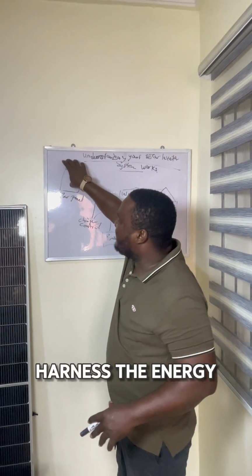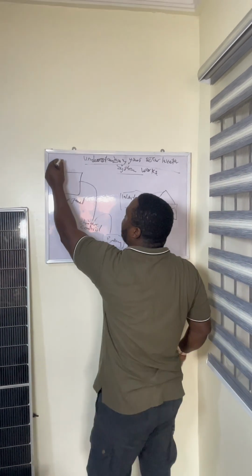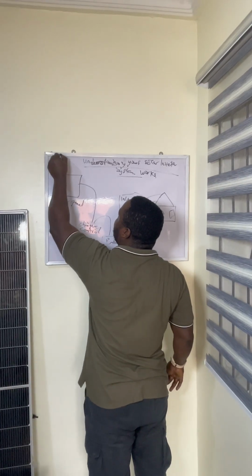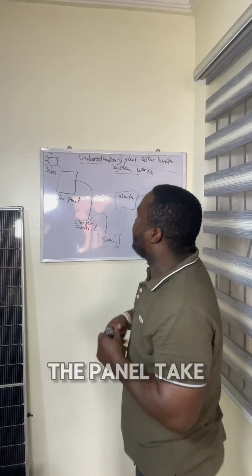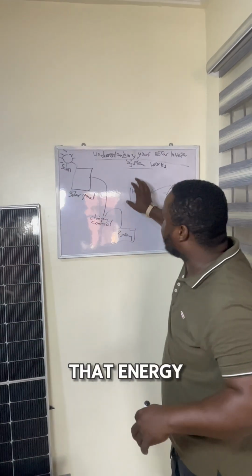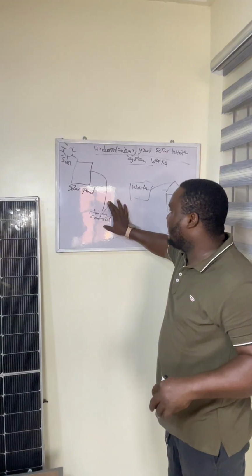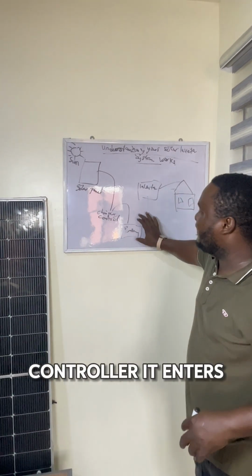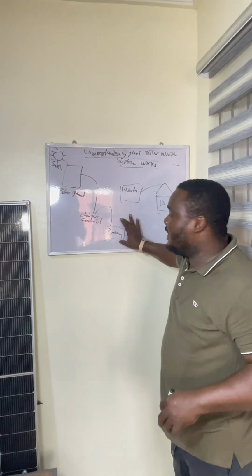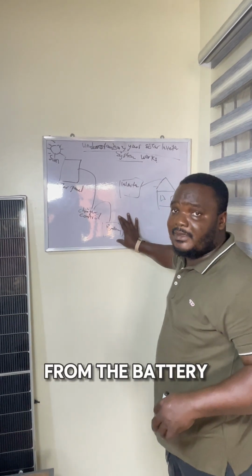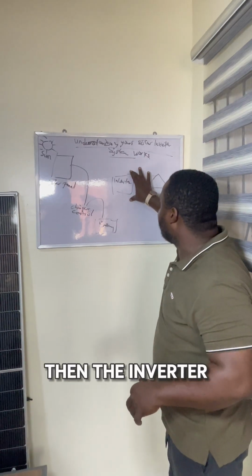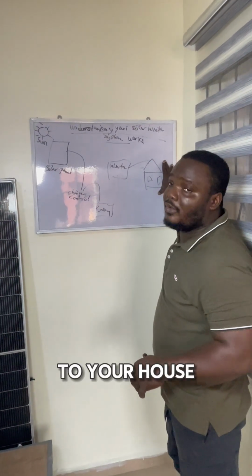We harness the energy from the sun. The panel takes that energy to the charge controller. From the charge controller, it charges the battery. Then the inverter takes the energy from the battery and sends it down to your house.